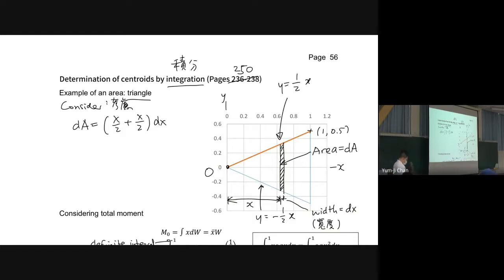Right? dx is the width of the area. So it is equal to x dx. This is the area.